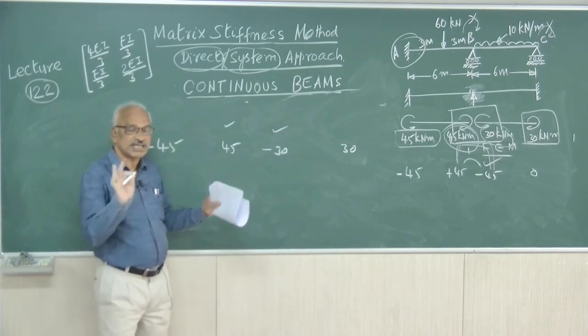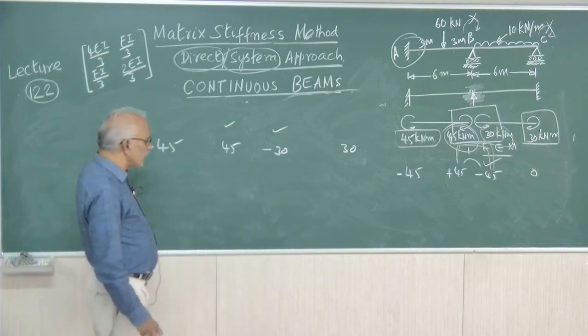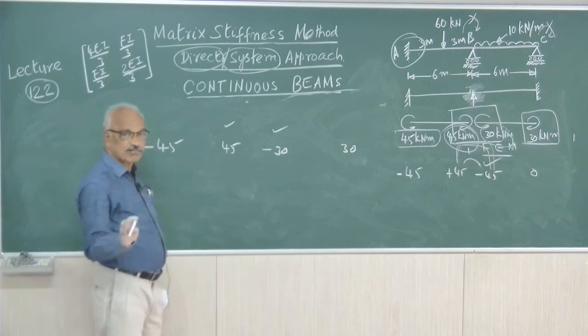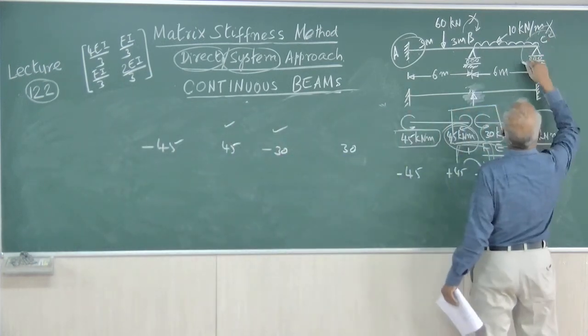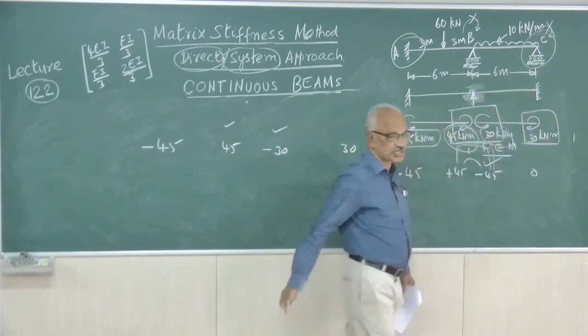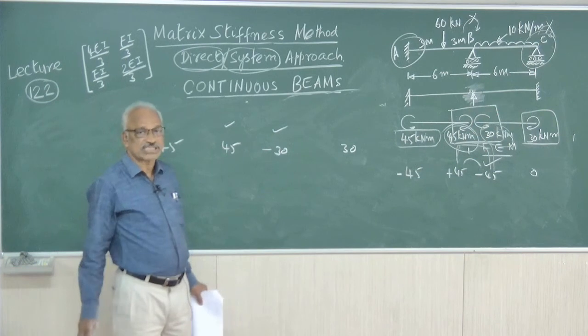You imagine the general tabulation, and in moment distribution, the first step is to release the simply supported end. We started with a wrong assumption, assuming C as fixed, B also as fixed.